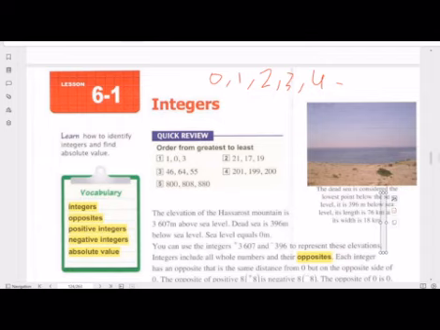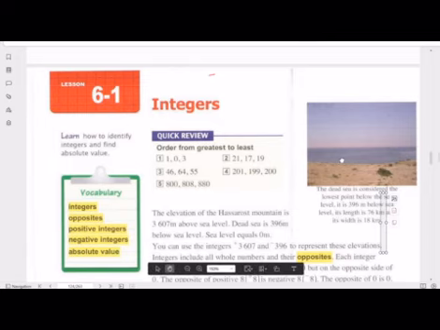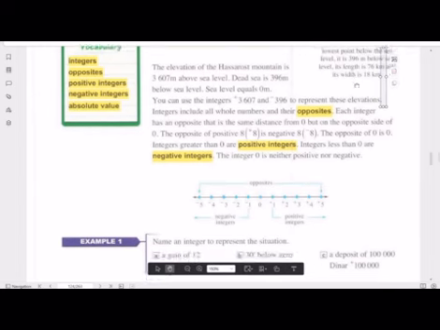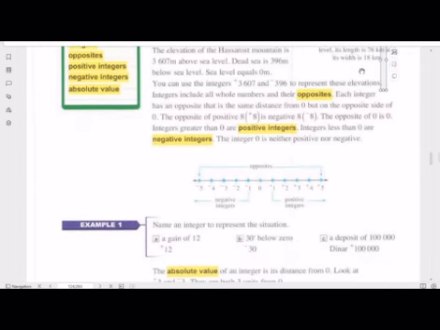So integers are another type of number. This is the definition of the integers. For example, look at this number line. The positive numbers and the negative numbers are called integers.